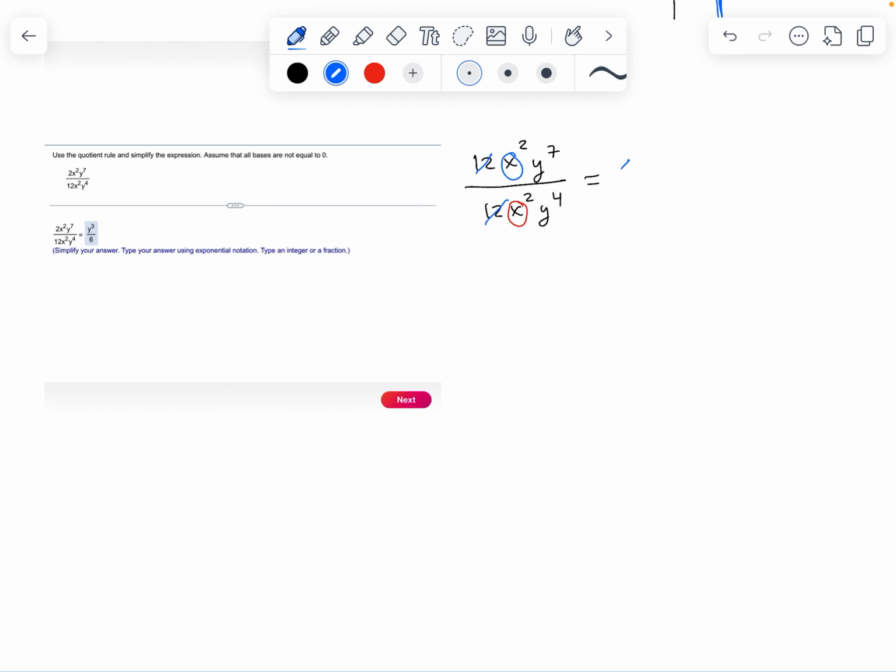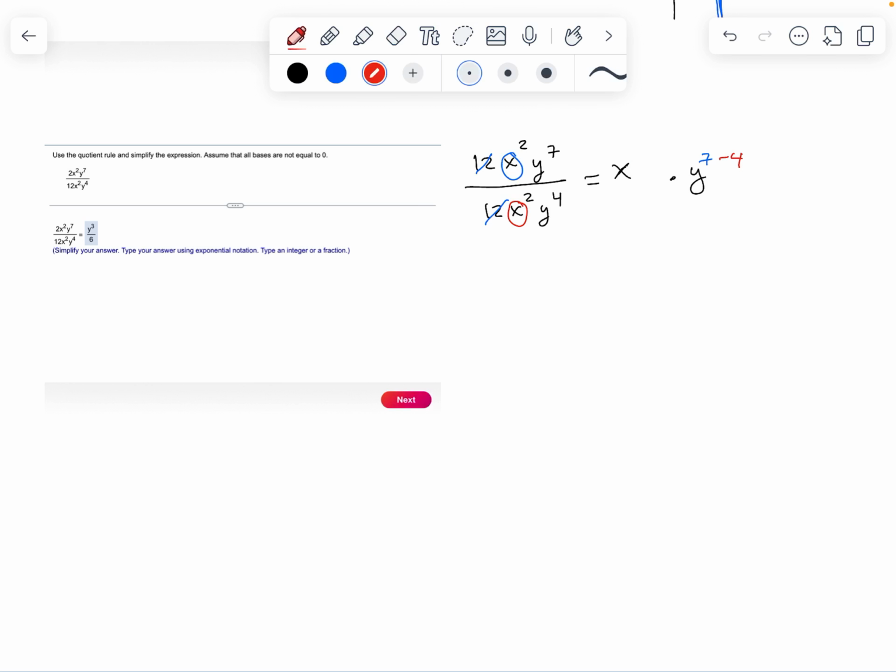So we'll write them on top as x with the 2 from the top plus the 2 from the bottom here. And then we also have y. The numerator has a value of 7. And the bottom has a value of 4, so we subtract, it's negative 4.